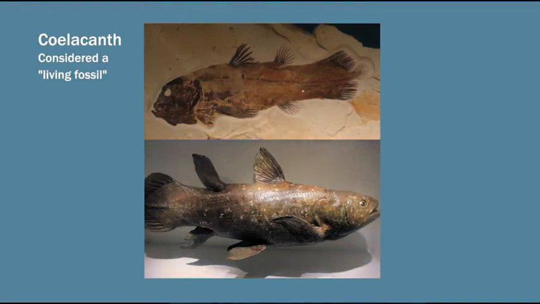Given a stable ecology, well-adapted species can persist for millions of years without appreciable change. Witness living fossils, such as deep-sea coelacanths, which differ little from their ancestors 400 million years ago. However, the fossil record from sedimentary rocks is patchy and incomplete, with soft-bodied organisms poorly represented.